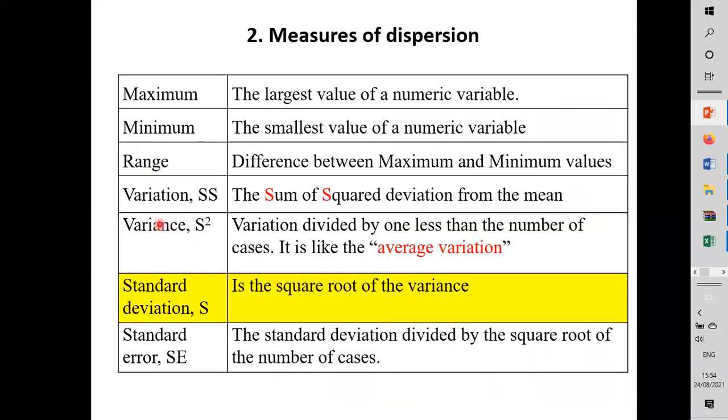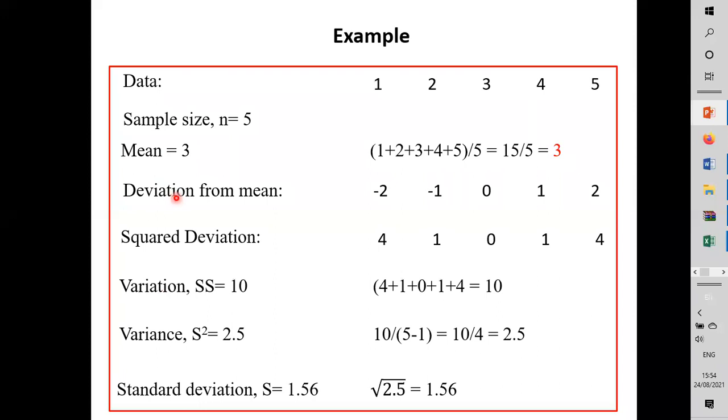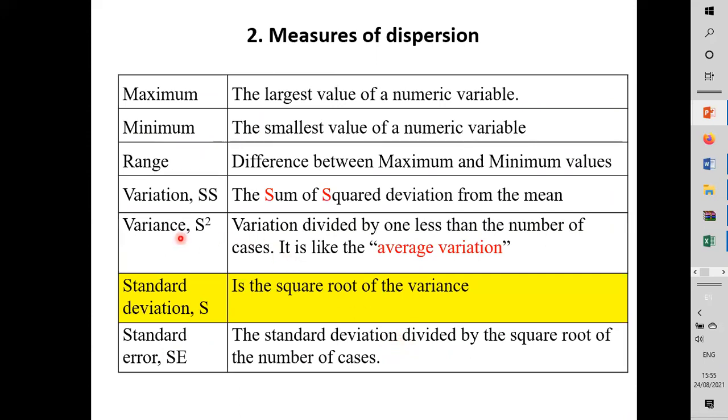So 10 is called variation. This is variation: sum of squared deviation from mean. So find the mean, deviation, square it, and sum it. Variance is variation divided by n minus 1. Again, refer to this.